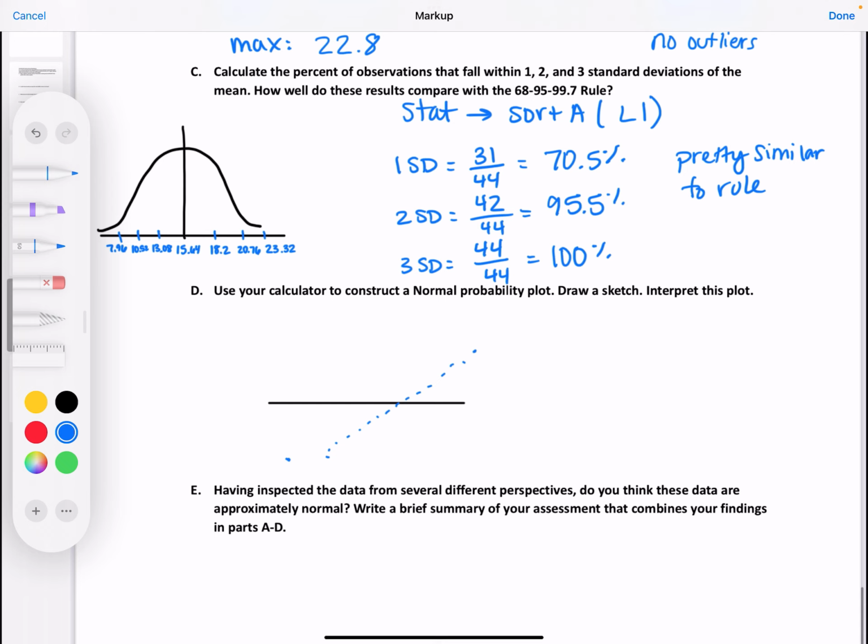I would say skewed left, but I don't know if that's what you're looking for. If I was to connect the dots, what is it going to look like? A line. So, the normal probability plot is approximately linear. So, a normal model is okay.